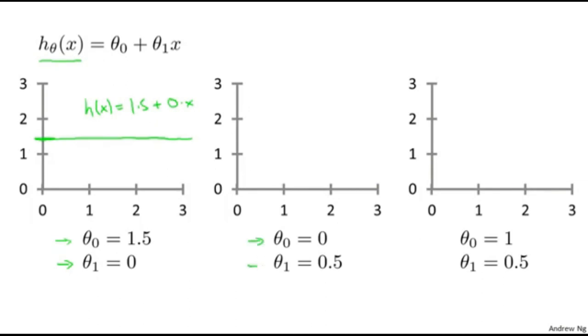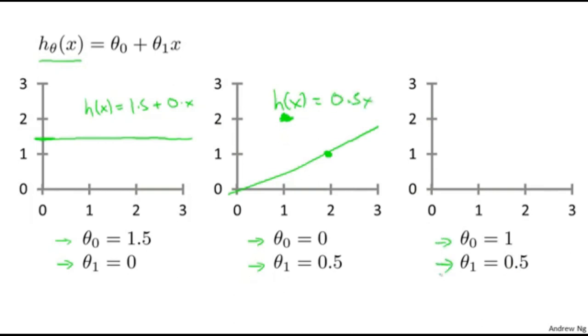If theta 0 equals 0, theta 1 equals 0.5, then the hypothesis will look like this. And it should pass through this point 2, 1, since you now have h subscript theta of x, but sometimes I'll just omit theta for brevity. So h of x will be equal to just 0.5 times x, which looks like that.